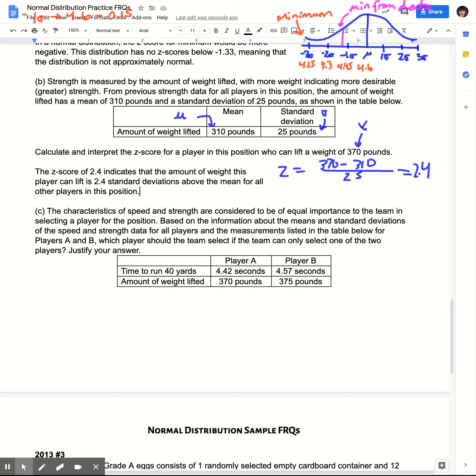All right, then last part here, part C, is we're going to compare two players, okay? They only have one spot, and so they're asking which player should the team select if they can only pick one.